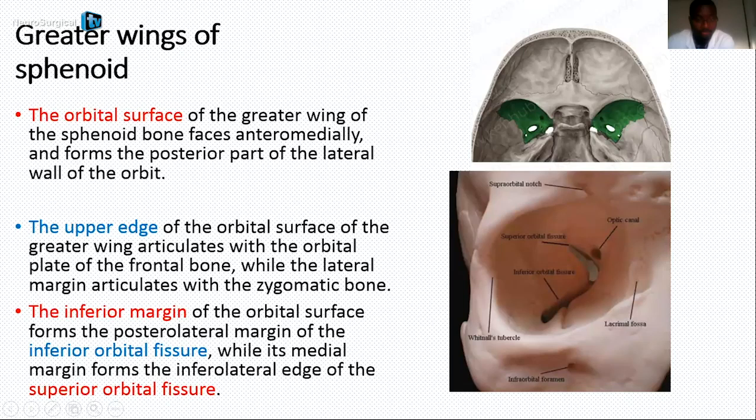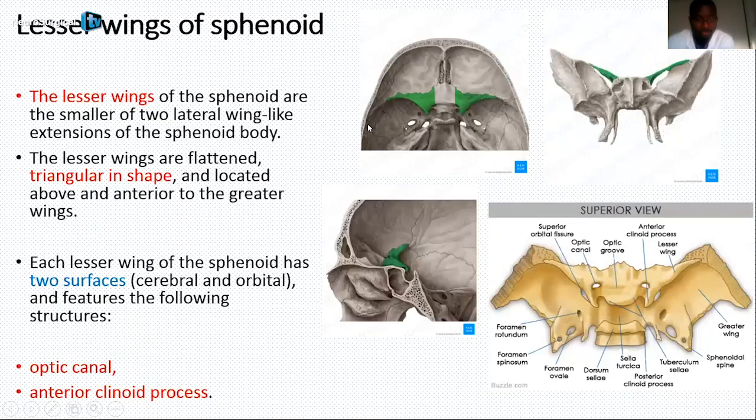The lesser wing of the sphenoid are the smaller of two lateral wings, like extension of the sphenoid body. The lesser wings are flattened triangular in shape and located above and anterior to the greater wings, like you can see here. It is the lesser wings, and here it is the greater wings.